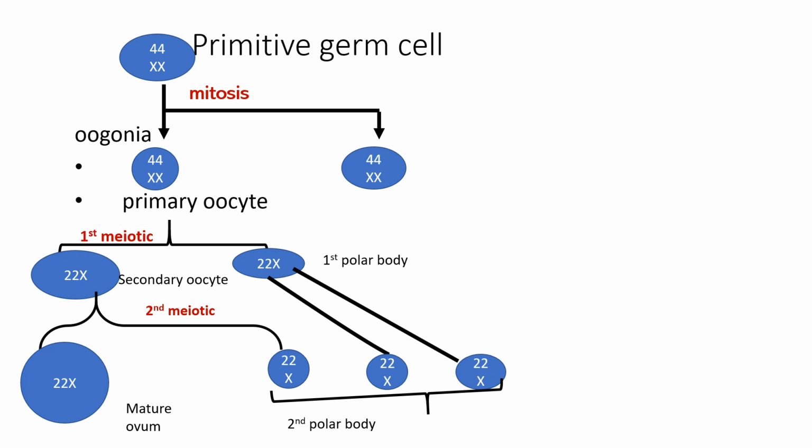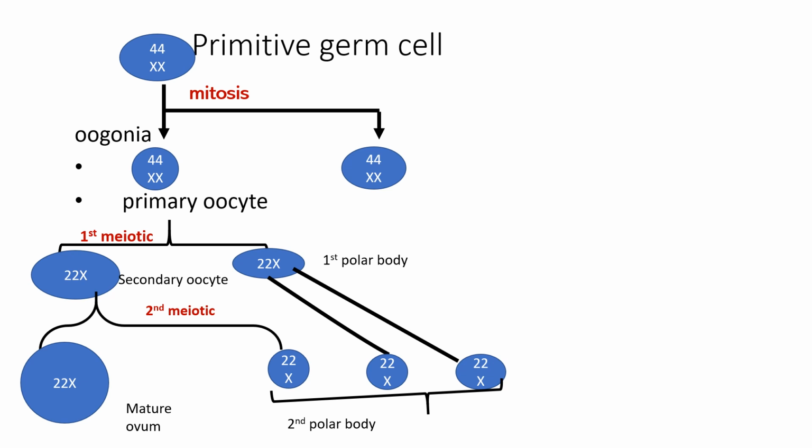Now we are going to see the overall steps of oogenesis. Here the primitive germ cell undergoes mitotic division, forms the oogonia, and then is converted into primary oocyte. Here the onset of puberty occurs. It undergoes first meiotic division and produces the secondary oocyte and first polar body.